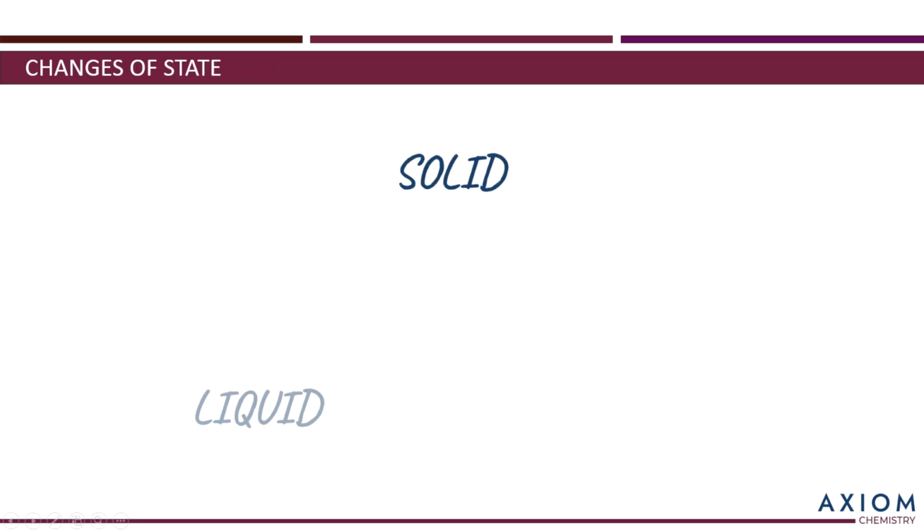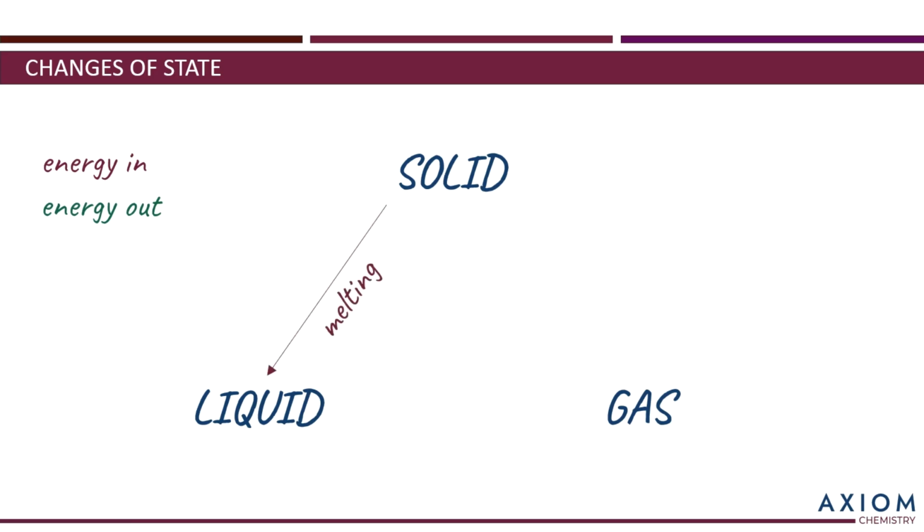I've got solid, liquid, and gas. I'm going to mark processes where the energy is going in, so heating in purple, and processes where energy is going out, so cooling in green. So first of all, if we start with a solid and we put energy in, we heat it, as we've just seen, you can form a liquid, and that process is melting.